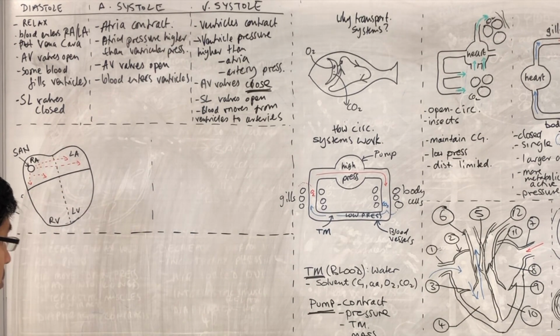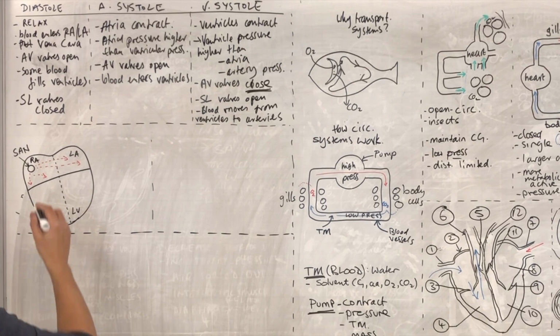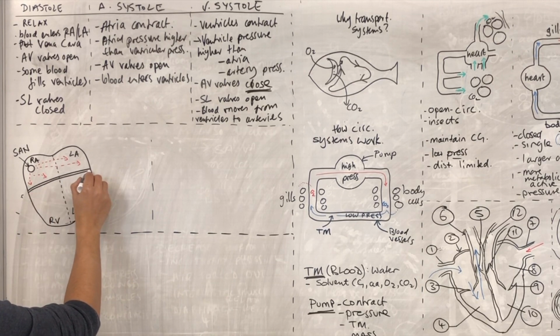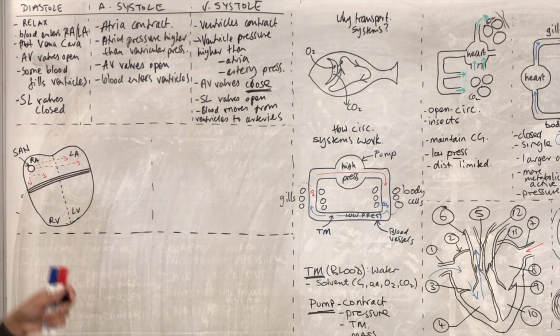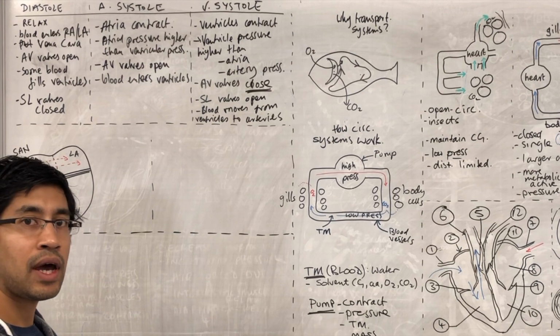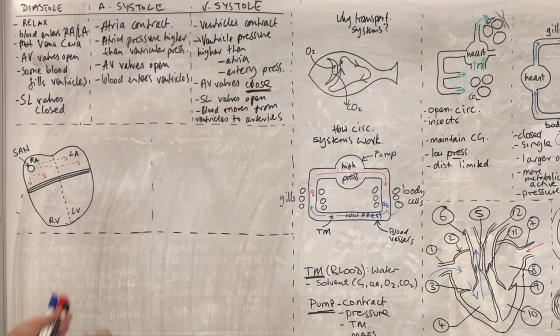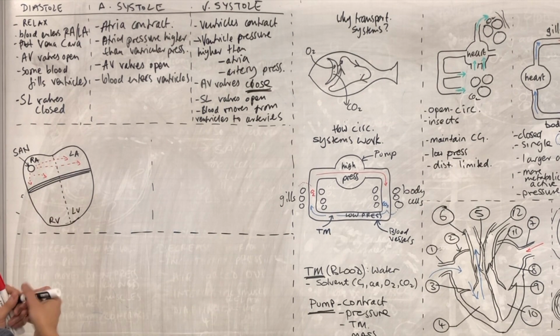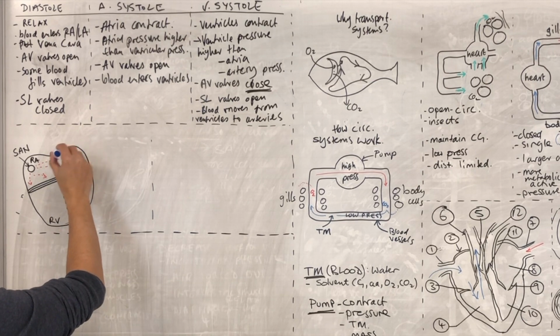So that is very important. This region of non-conductive tissue between the atria and the ventricles is important in preventing the ventricles from contracting at the same time as the atria. Okay, so that's the first thing. So we can call that event number one right there.